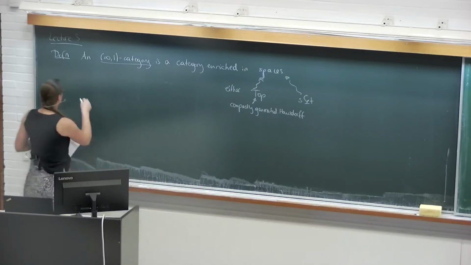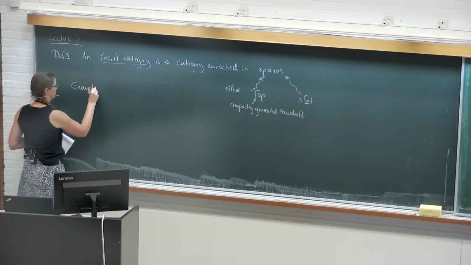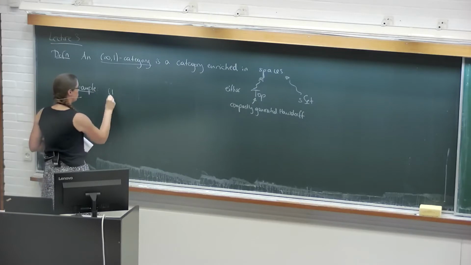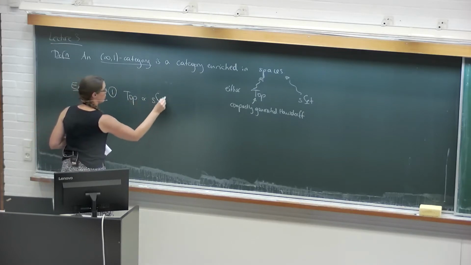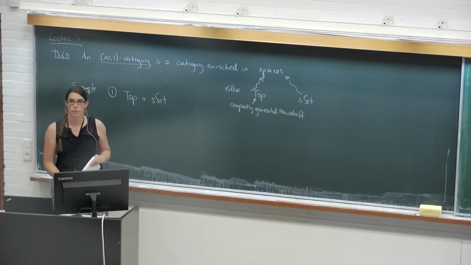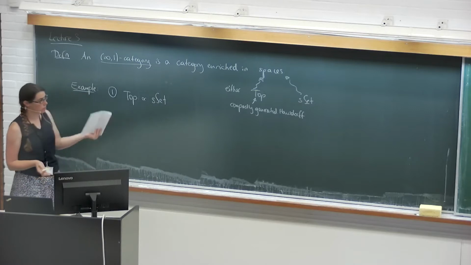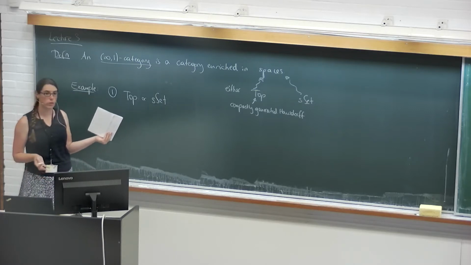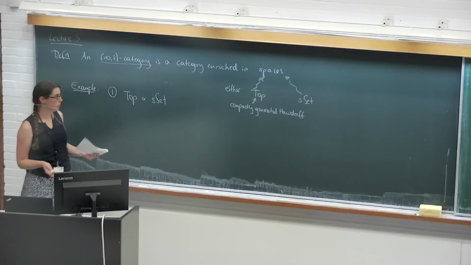Okay, so let's look at examples. So, well, Top or simplicial sets themselves. Okay. So between any 2 topological spaces, if we're in this assumption, compactly generated Hausdorff, we look at continuous maps between them, we actually have a nice topology on them, the compact-open topology.